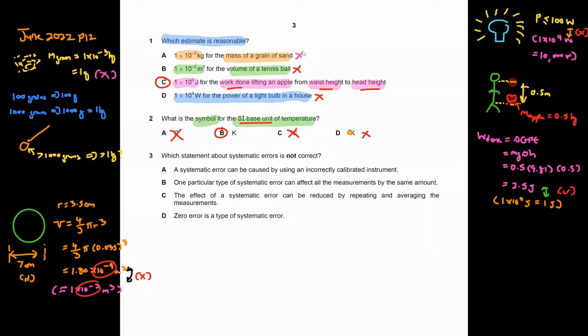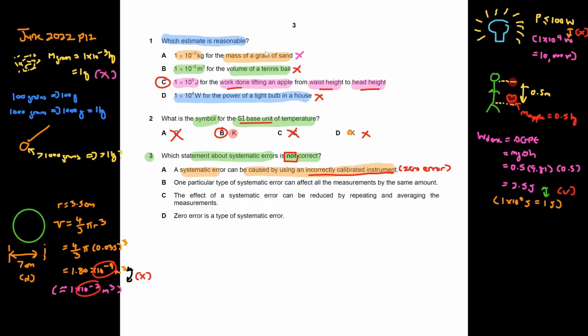All right. Now, for the third question, which statement about systematic errors is not correct? You want to find the statement that is not correct here. So in our case, if you look at A, a systematic error can be caused by using an incorrectly calibrated instrument. So an incorrectly calibrated instrument could probably give you, for example, zero error.